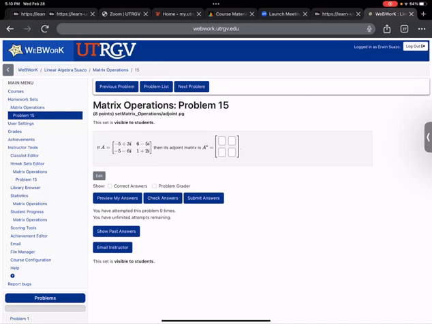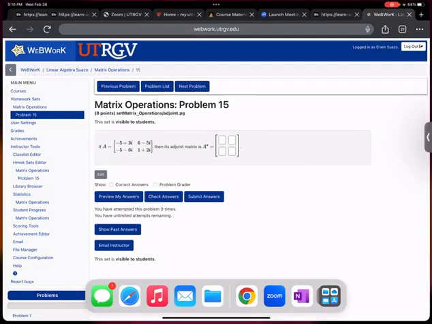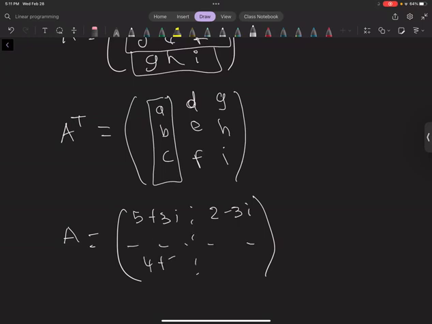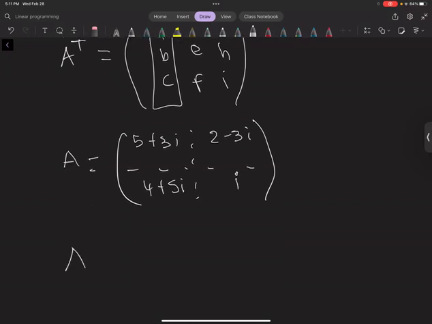Okay. And this one is the adjoint matrix of a complex matrix. So this is also just a definition. Your entries don't have to be real numbers. They could be complex numbers. So for example, you can have 5 plus 3i, and then 2 minus 3i, and then 4 plus 5i, and then i, okay? So the adjoint is the transpose, but also the conjugate.